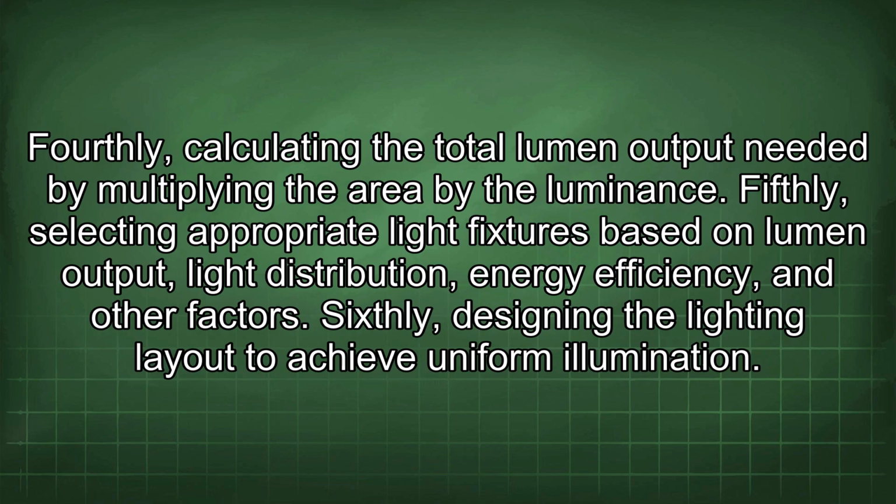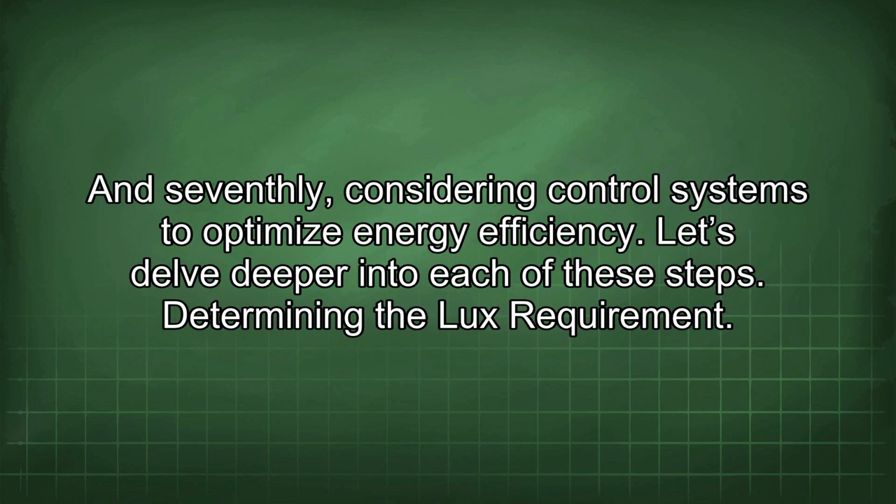Fourthly, calculating the total lumen output needed by multiplying the area by the luminance. Fifthly, selecting appropriate light fixtures based on lumen output, light distribution, energy efficiency, and other factors. Sixthly, designing the lighting layout to achieve uniform illumination. And seventhly, considering control systems to optimize energy efficiency. Let's delve deeper into each of these steps.